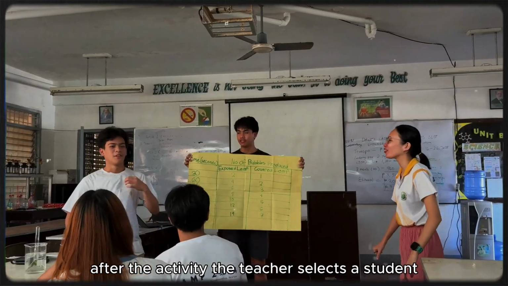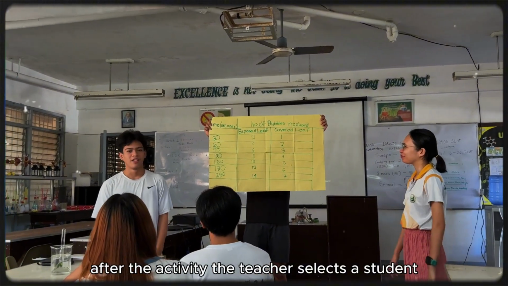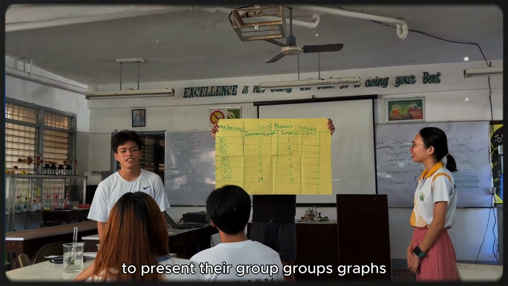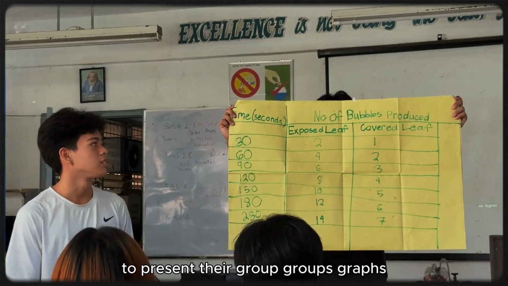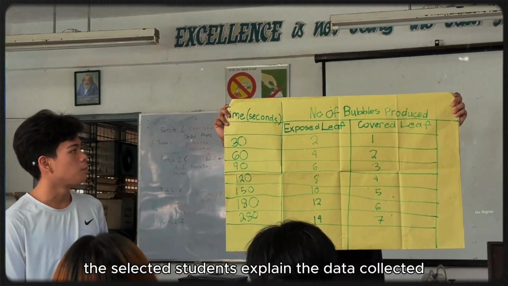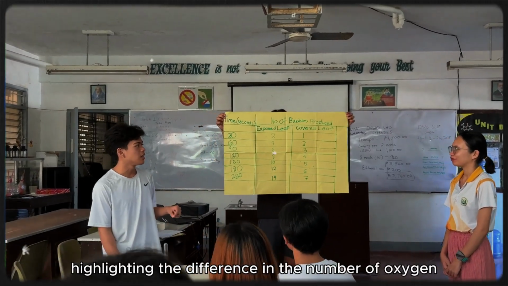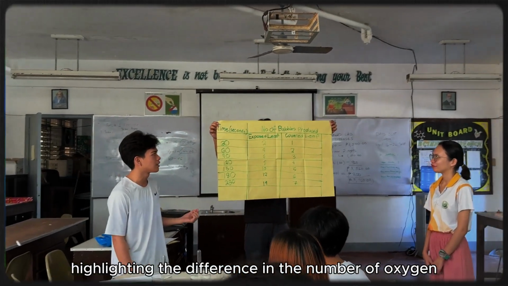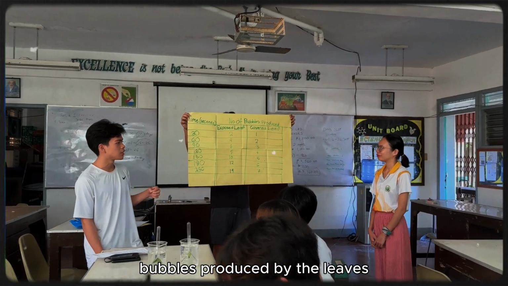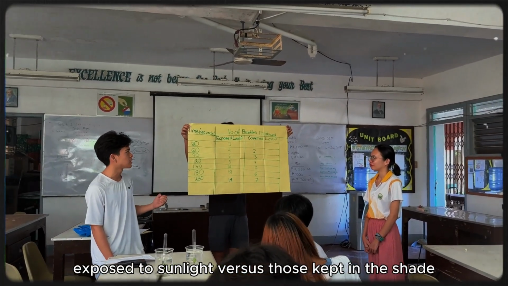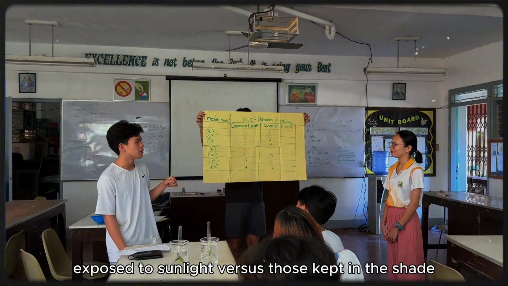After the activity, the teacher selects a student representative from one of the groups to present their group's graphs. The selected students explain the data collected during the experiment, highlighting the difference in the number of oxygen bubbles produced by the leaves exposed to sunlight versus those kept in the shade.